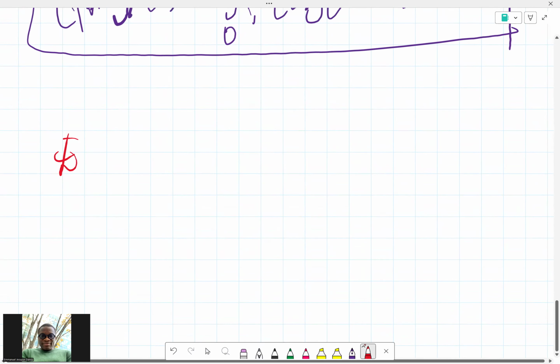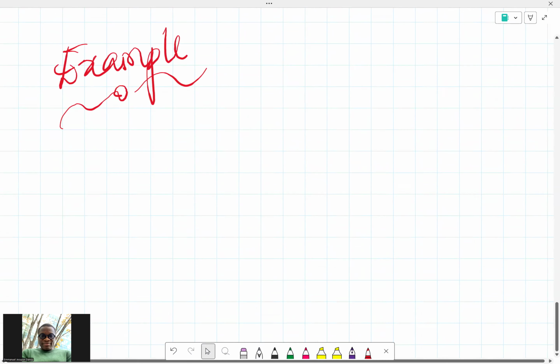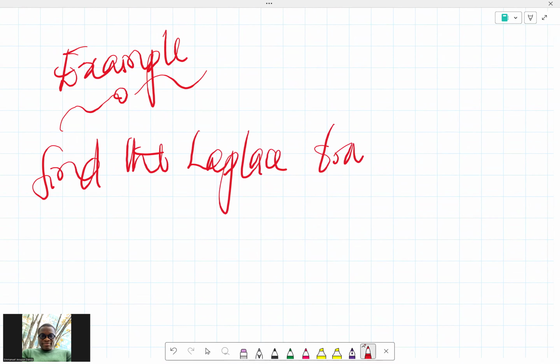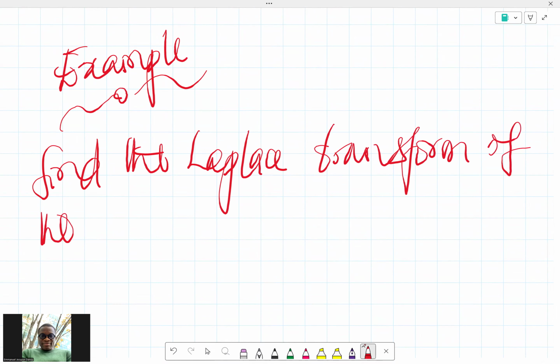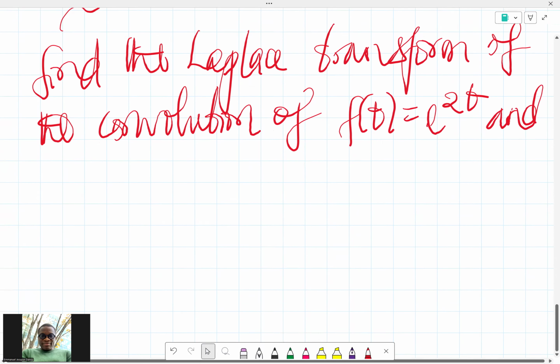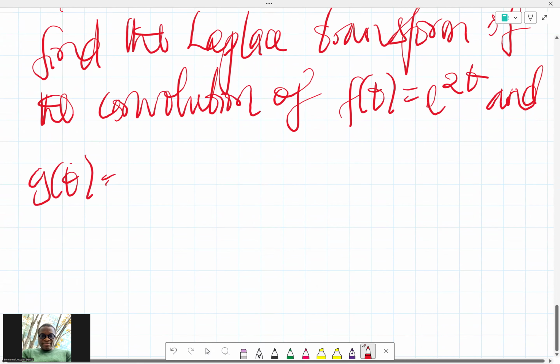Example: find the Laplace transform of the convolution of f of t equals e raised to the power 2t and g of t equals sine t.